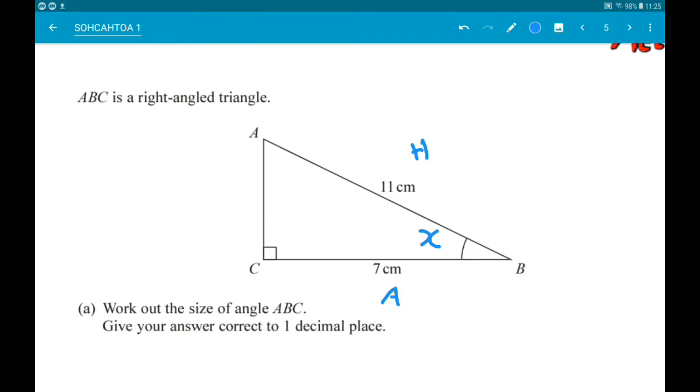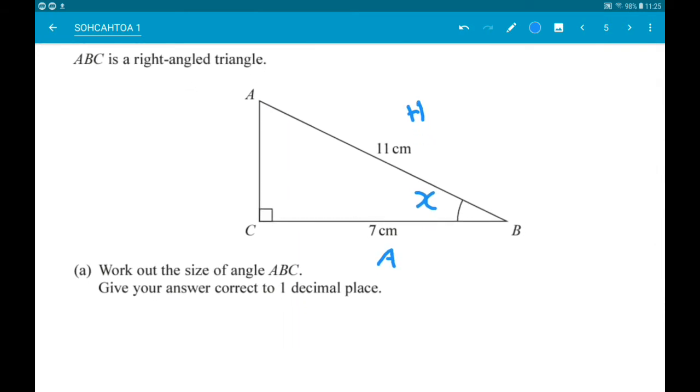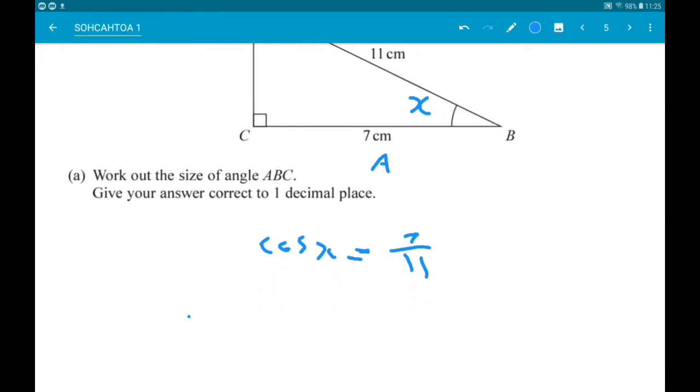So, is it SOH? No. CAH? Yes. CAH then tells us cos x is 7/11. So x is the inverse cos of 7/11. Now that gives us 50.47 blah blah blah, to one decimal, that is 50.5 degrees.